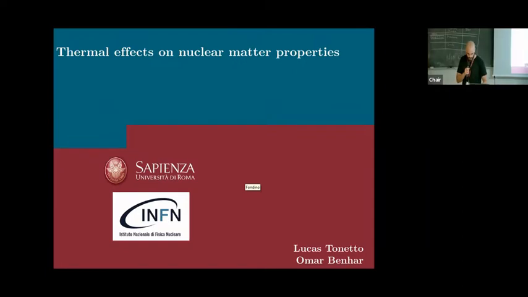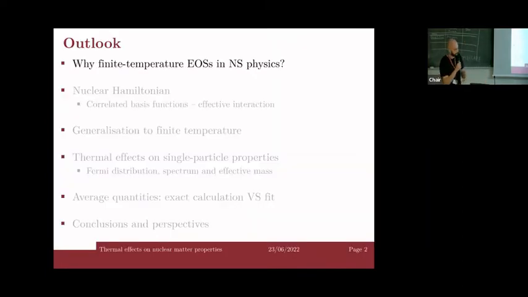So this is the outline of my presentation. The very first topic is why we should consider finite temperature equations of state in neutron star physics. Then I'm going to talk about the nuclear dynamics that we are using in our model, and also how to generalize this model from zero temperature to finite temperature.